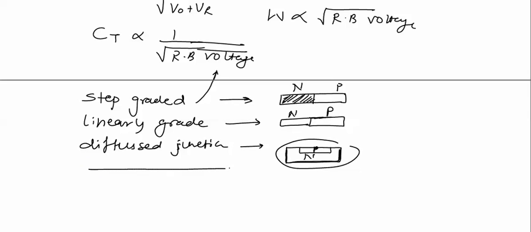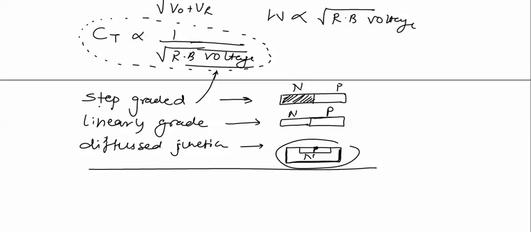I am discussing all this because in the examination it is asked how CT varies with reverse bias voltage for these PN junctions. From this equation, CT is inversely proportional to reverse bias voltage raised to power m.